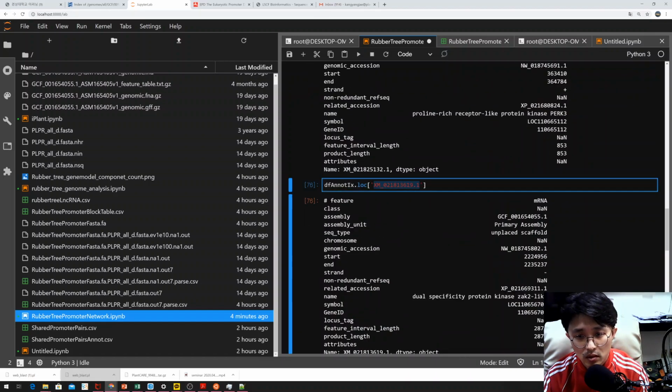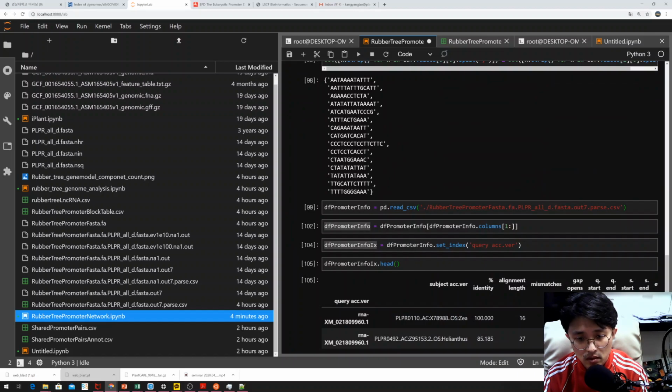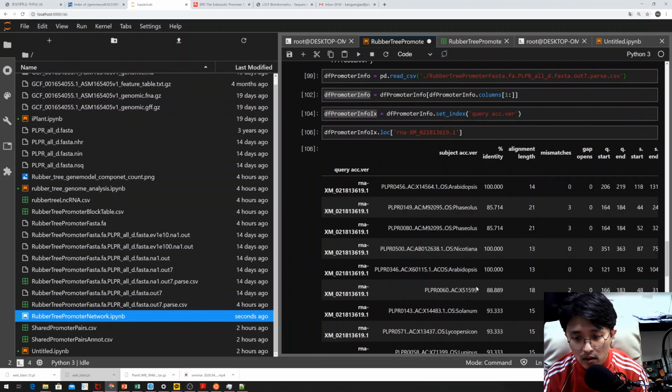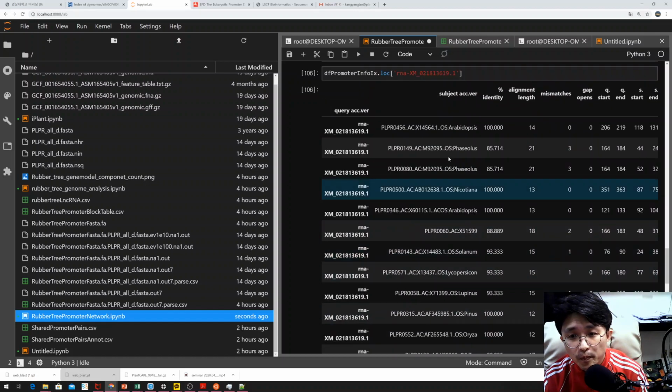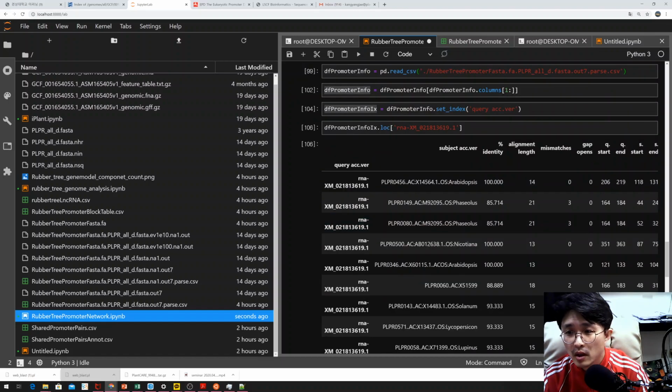Good. Then I can load this one, so they require RNA. Okay. Then I can, so this is the query. So the query location, the matched query location, is here.